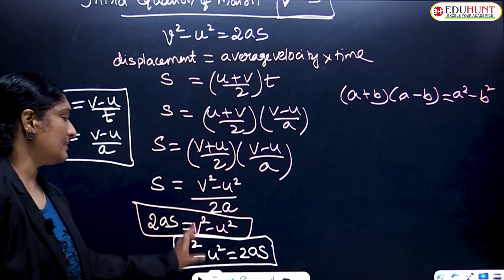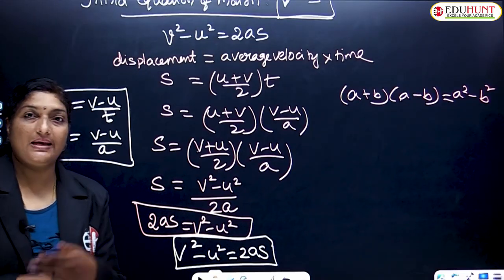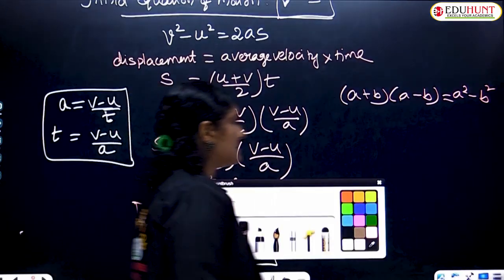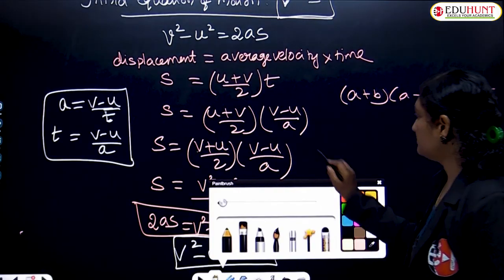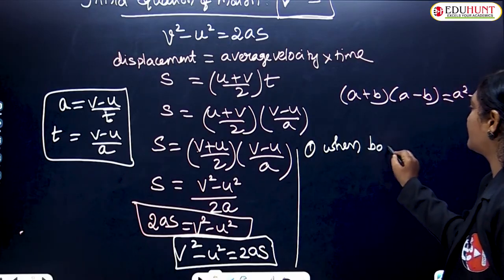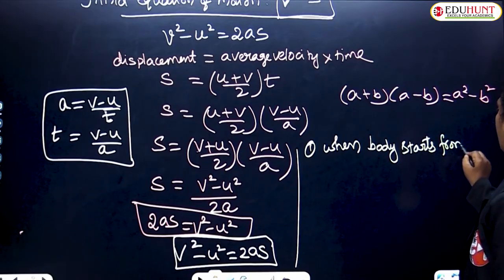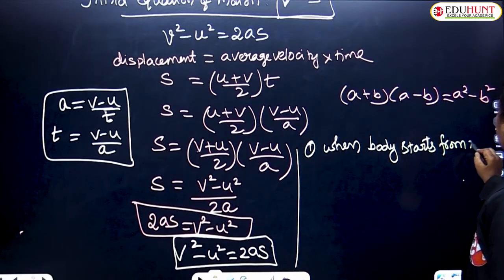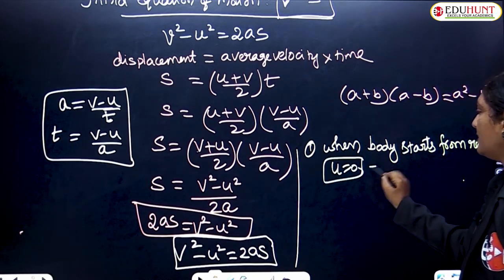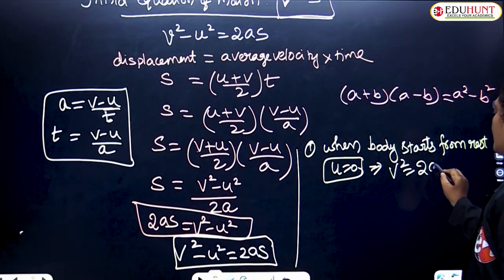Children, if the body starts from rest, that is, the initial velocity is 0, then u equals 0, and we have v square equals 2as.